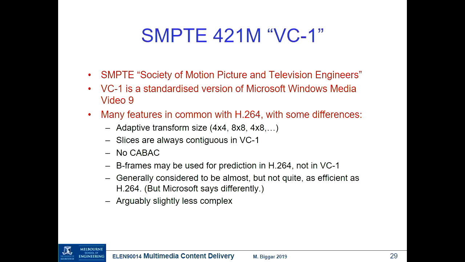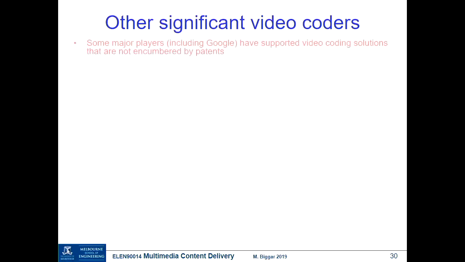But if you ask someone from Microsoft, they probably will give you a different answer. But arguably, it's a little less complex because of these sorts of choices. Other significant video coders.